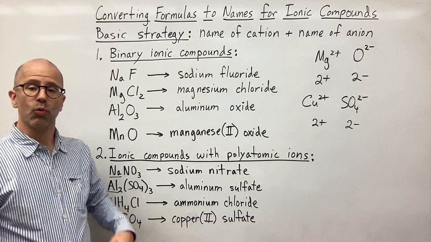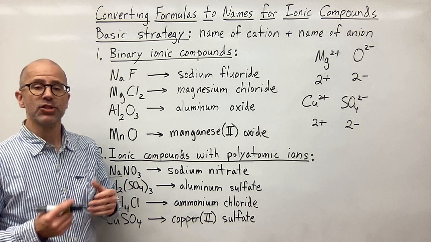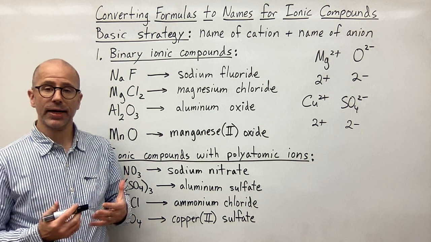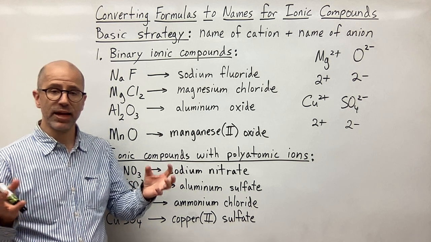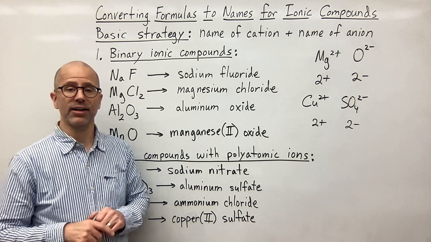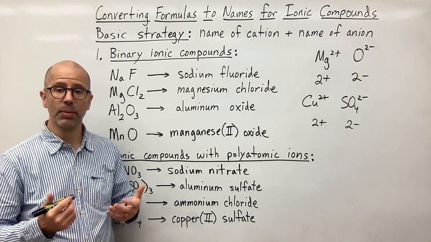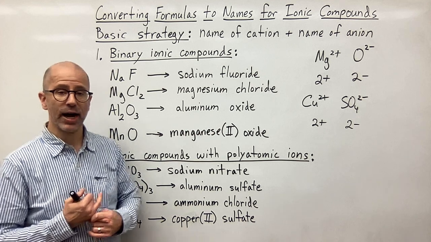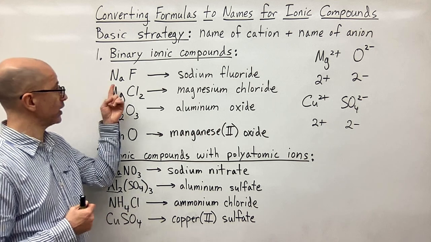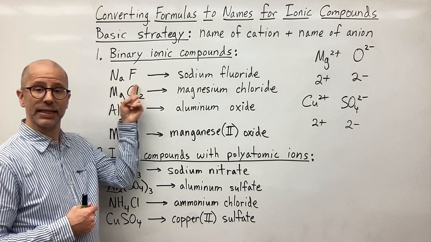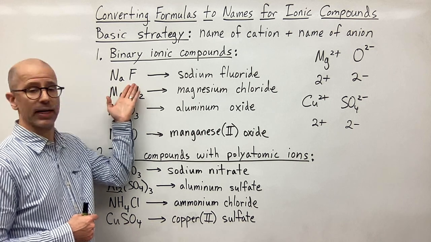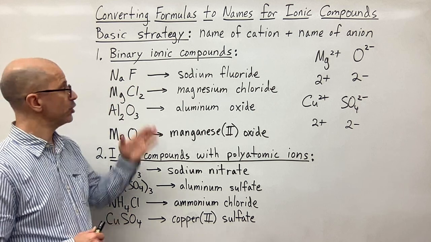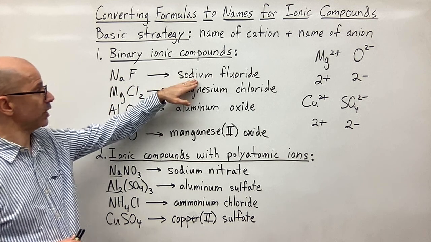Now, let me recap again. When you're naming your ionic compounds, you have to know the names of your ions. You take the names of the ions, you put them together. That is the name of your compound. And so for binary ionic compounds that have only 2 elements in the compound, first element is your positive ion, second element is your negative ion. You're just putting the names of the ions together.